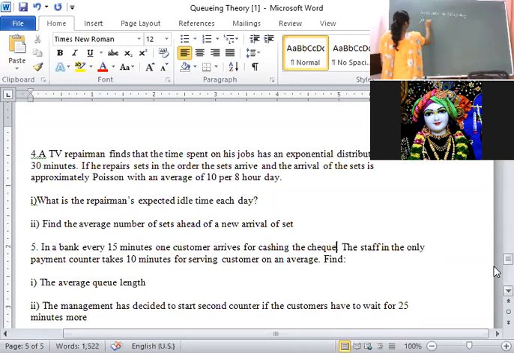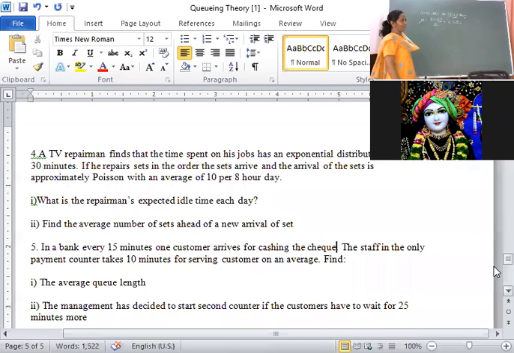Mu is given as 30 minutes, so 60 upon 30 in general, but the condition is given as 8 hours per day. So you have to multiply 8 into 60 upon 30, then 16 sets.